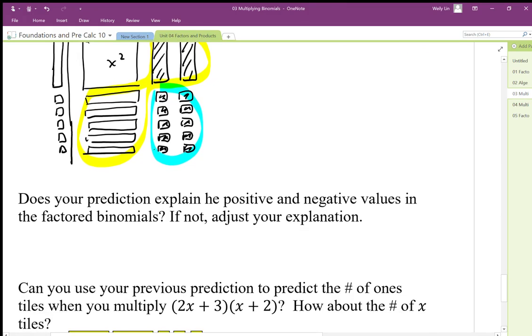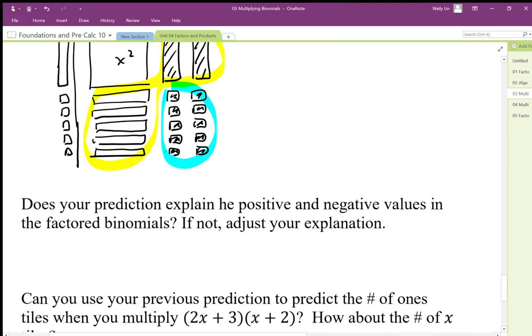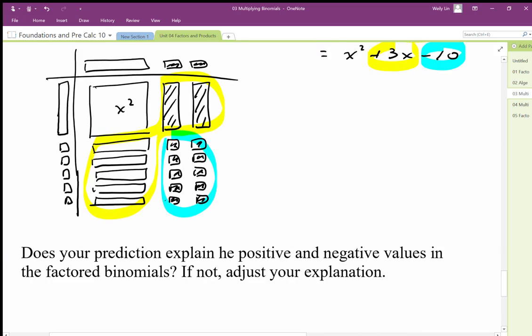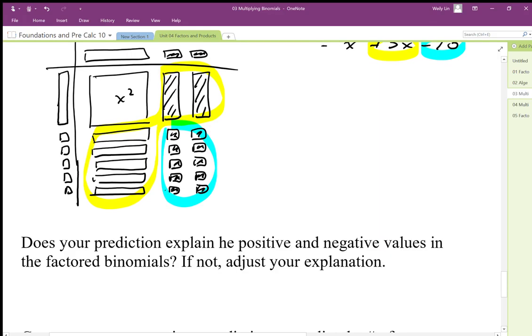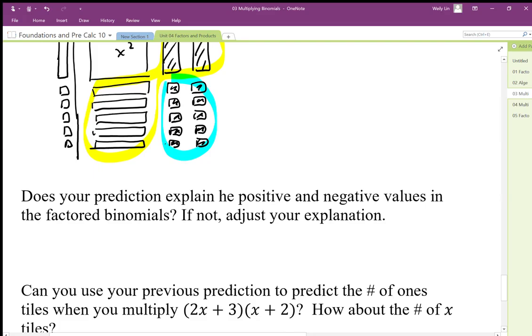So the prediction should explain the positive and negative values, because we add this negative and this positive together to get the middle term. And the positive and negative values in the product are justified based on the product of a negative number times a positive number along the length and width.